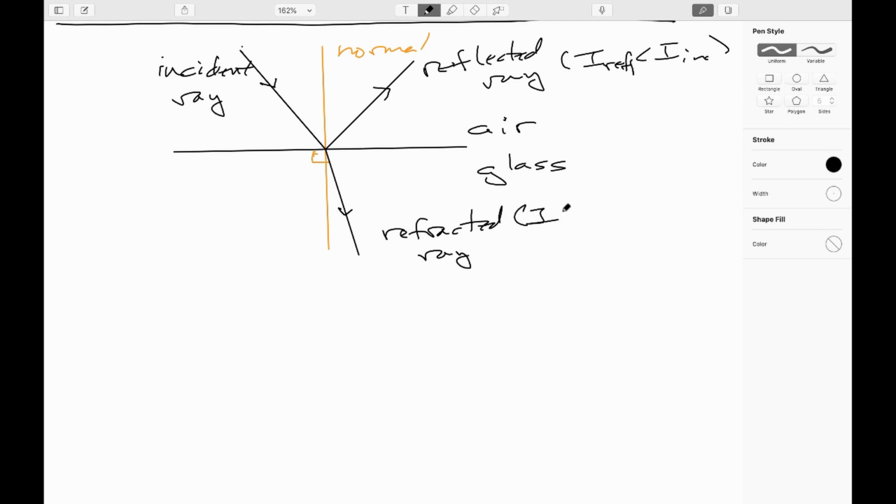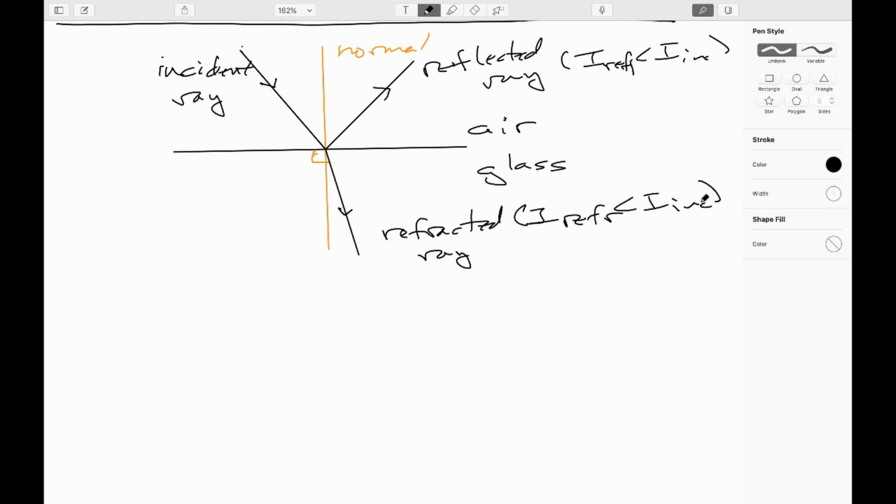And again, its intensity will be less than the incident ray as well, at least until we get to total internal reflection, but that's for a future video.